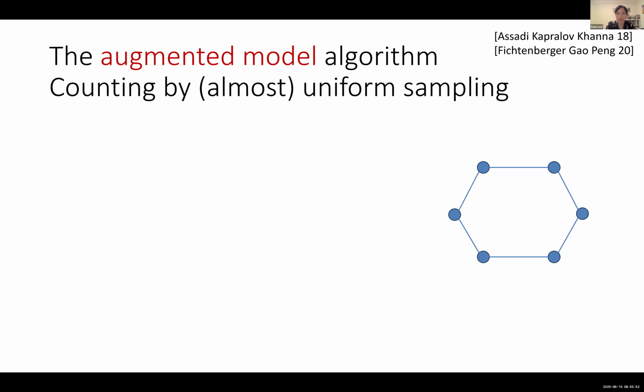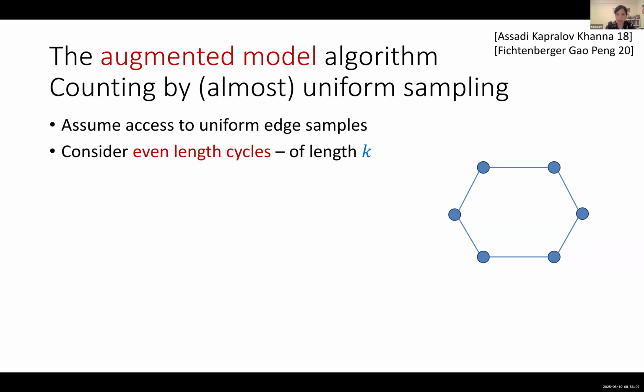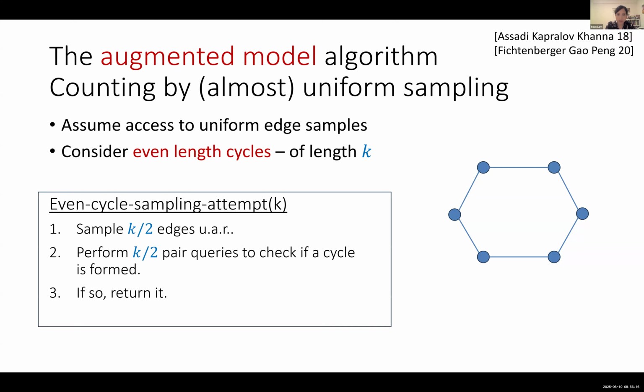Before we describe our algorithm, let's first describe the algorithm in the augmented model that counts by almost uniform sampling of copies. So in this example, we are now allowed to access uniform edge samples, and let's consider for this slide even length cycles of length k. A simple algorithm goes as follows.